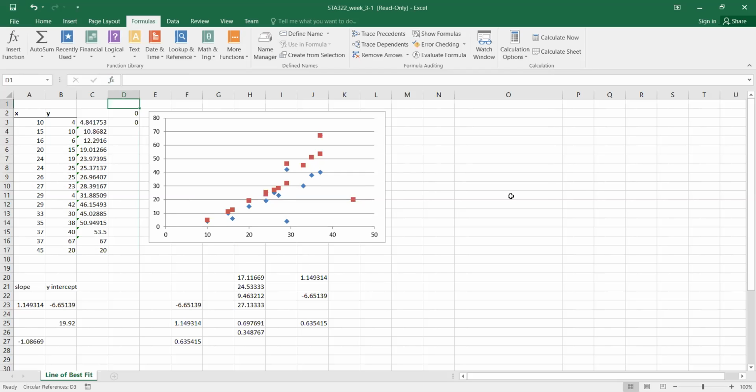And as I say, the last few points are kind of funky. And it gets confused when you have two x values with different y values and very different y values. If you look at x equals 29, we've got 4 and 42.